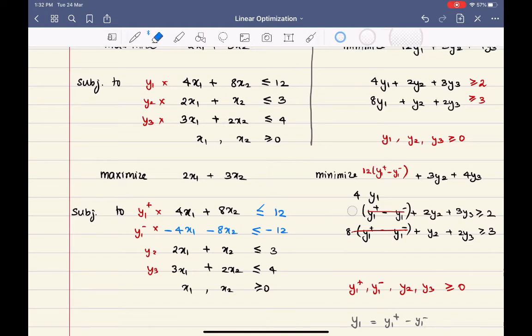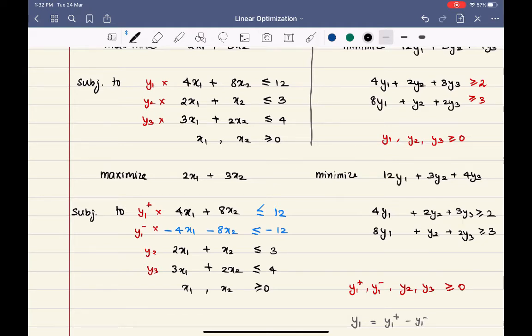Let me erase this to make it a bit clear. And this becomes 8y1 plus y2 plus 2y3, and this becomes 12y1.